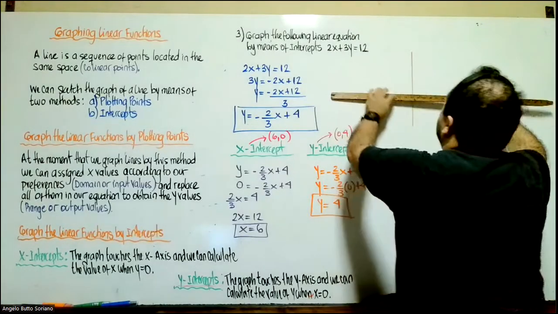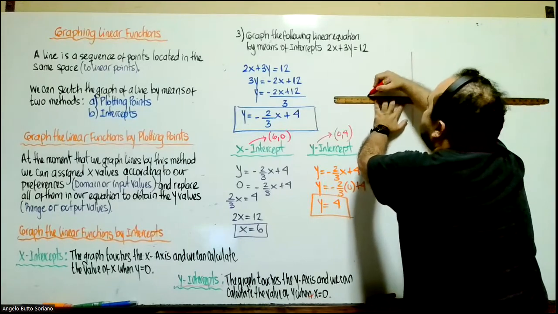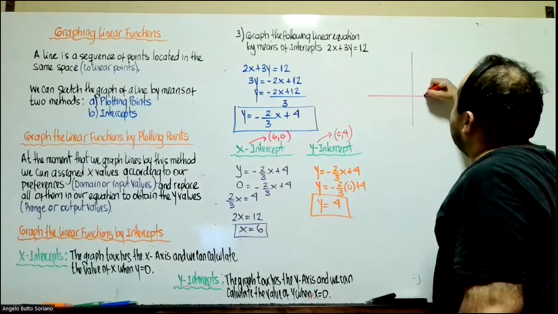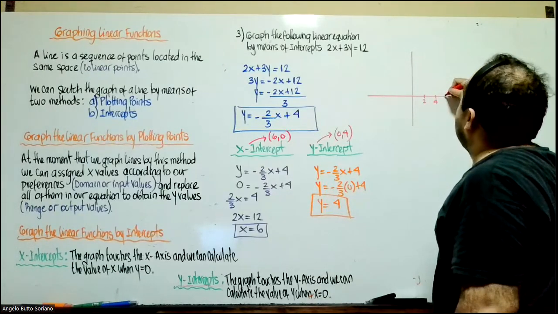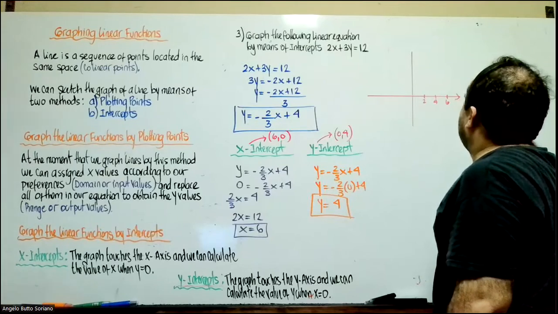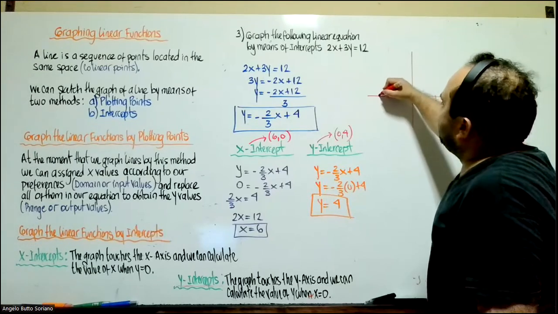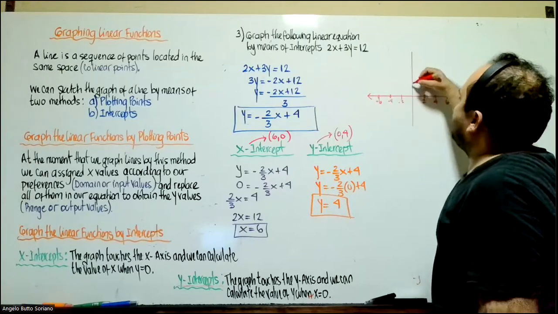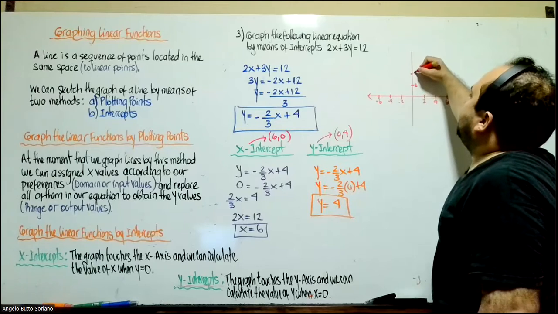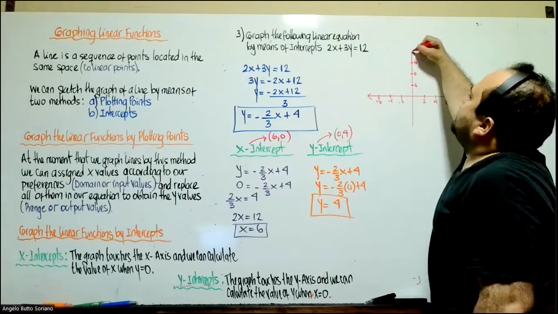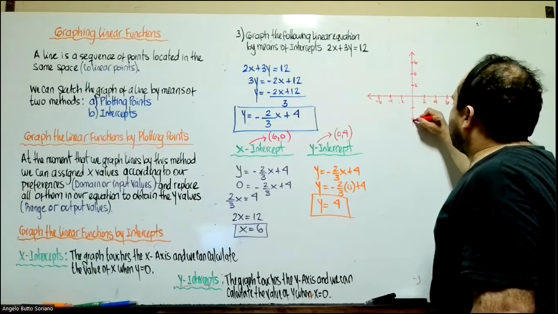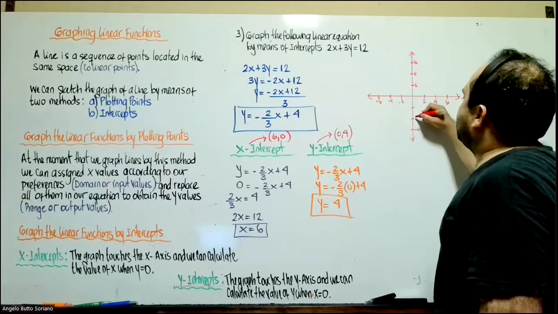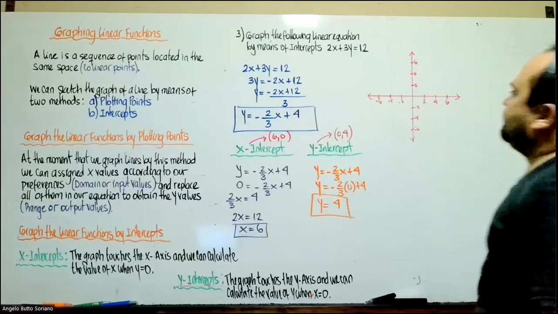So we got this coordinate plane and we can create a scale 2 on 2. I mean 2, 4, 6. Negative 2, negative 4, negative 6 on the other axes.